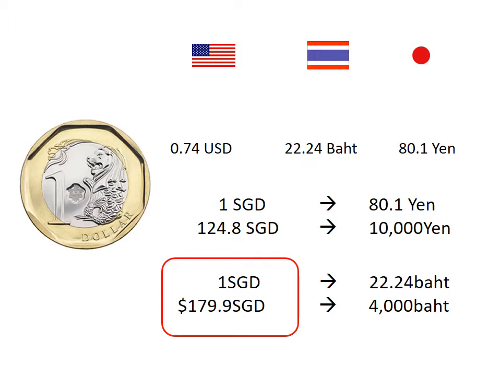Many years ago, I think more than 10 years ago, the yen rate was 1 Sing to 66 yen or so. So at that level, it was the 10,000 yen that was more expensive. Nowadays, because the yen rate is hovering at around 80 yen, the Thai baht would seem more expensive.